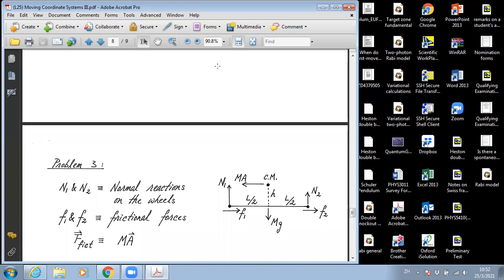Okay, so I give you some hints. I draw the force diagram. F1 and F2 are the frictions, and ma is the fictitious force. mg is the weight of the car.